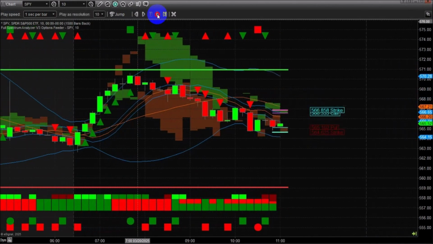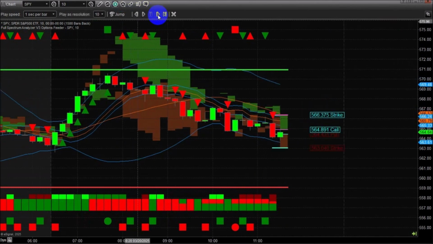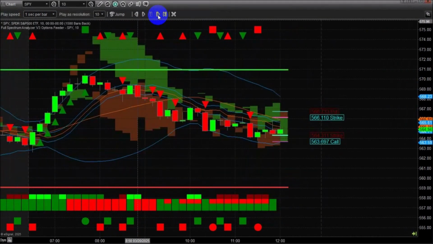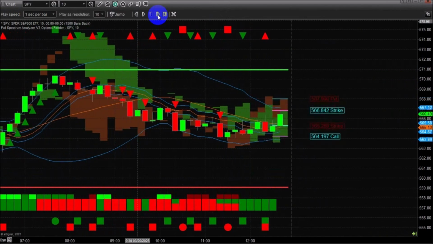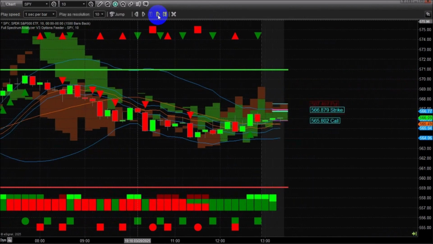Let's see if it gets up. We move into bearish trending. We're at 9, 10, 11. Rolling down a little bit. Big pullback. And looks like we get into a little up bar here.